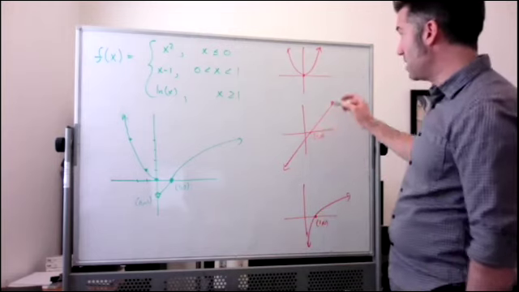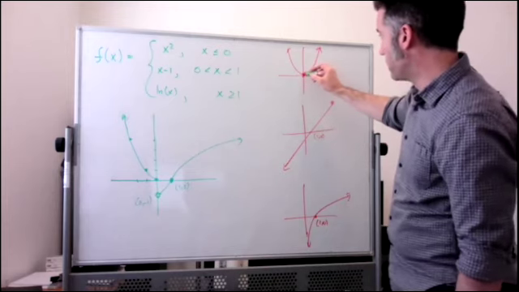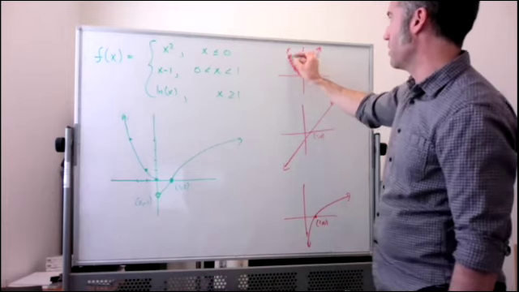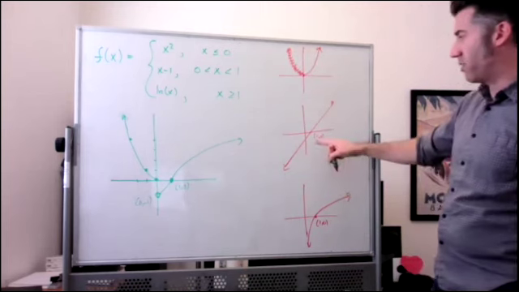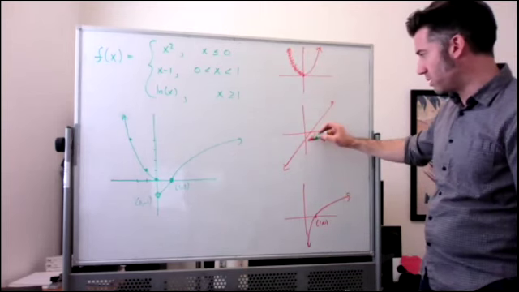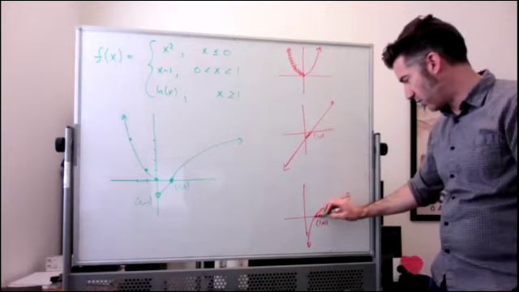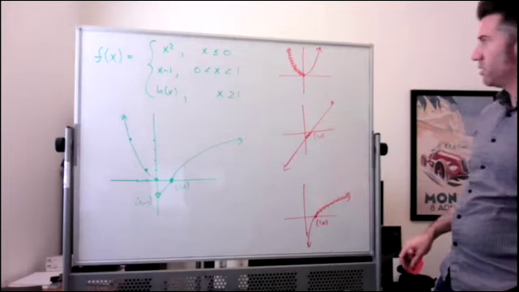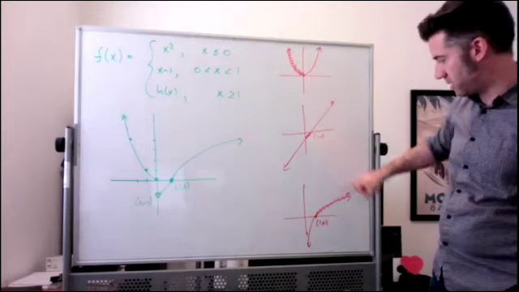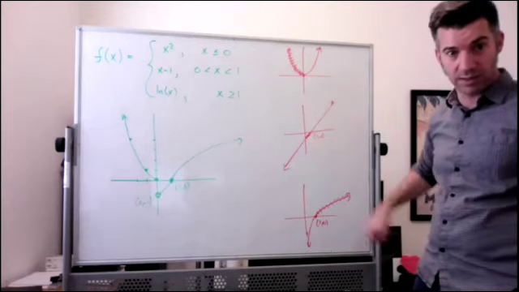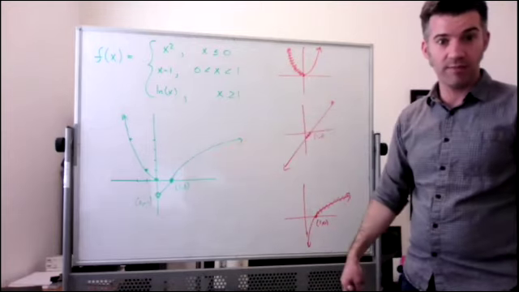And then we're taking these parts. I want when x is less than or equal to 0, so I want that. Here I want when x is between 0 and 1, so I just want this tiny little segment. And then here I want when x is bigger than or equal to 1, so I want all of this. So putting this and this and this together in one coordinate system gives me that.